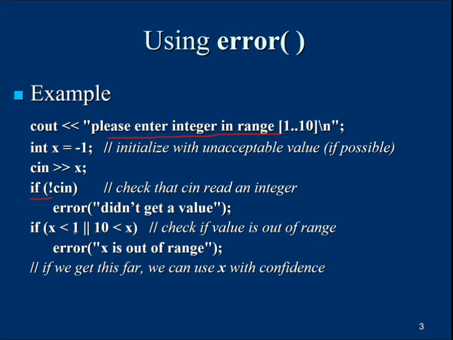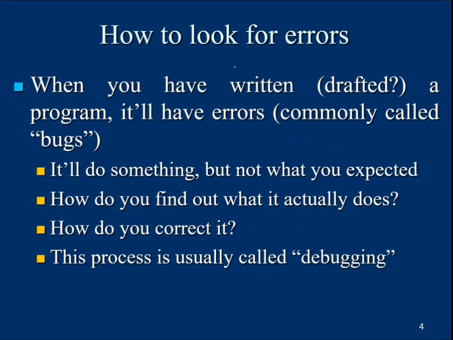And if it is outside the range, meaning the value is greater than 10 or less than 1, because the user is being asked to enter a value between 1 and 10 only, we say that it is out of range. This is how this error works, and if we get this far, we can use this x with real confidence.